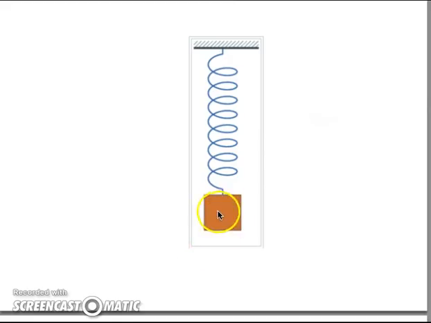So let's first use some notation here. Let's say that the mass is denoted with the letter M here. And as we saw previously, there was some kind of force that was pulling this mass down. That force can be denoted as F as a function of time.